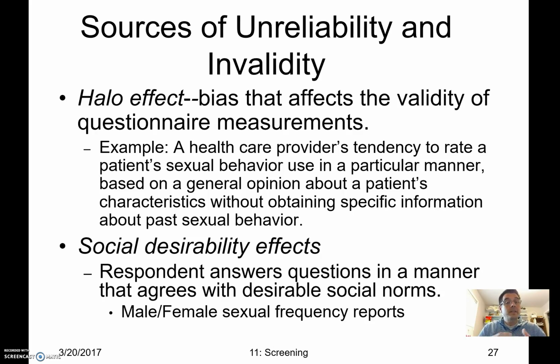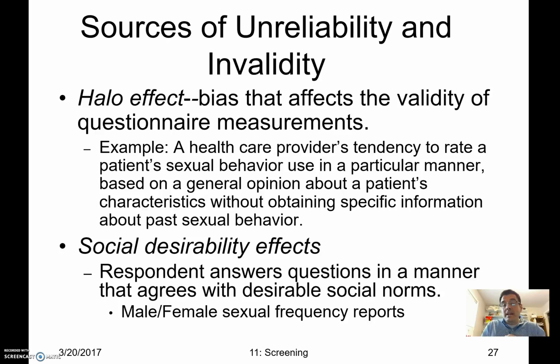Then you can also have something called the halo effect bias, which affects the validity of questionnaire measurements. So one way to look at this is a healthcare provider's tendency to rate a patient's sexual behavior in a particular manner. If you're going to give a survey to an individual, you make presumptions about that individual's potential behavior based on the way that they look or the way that they act.